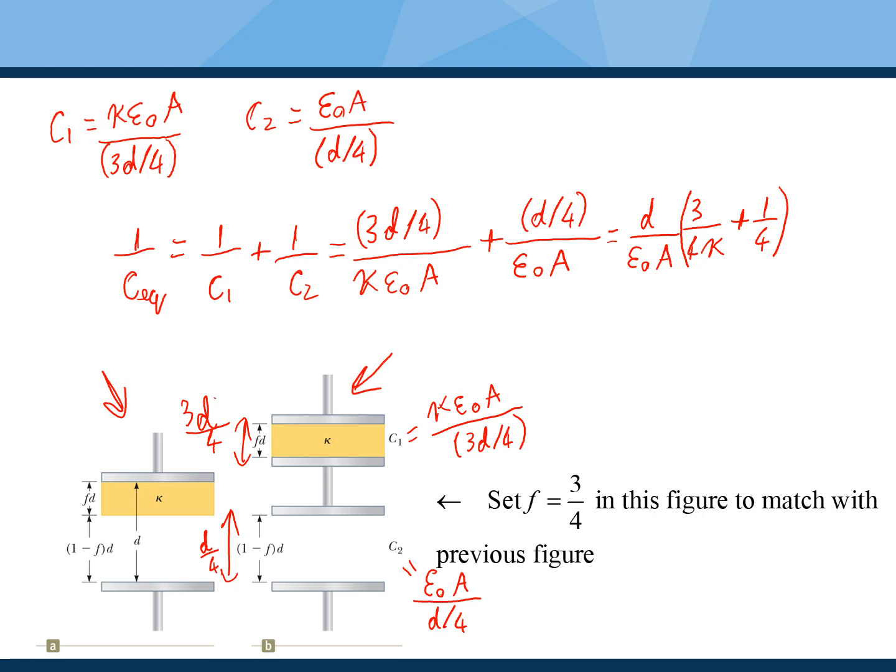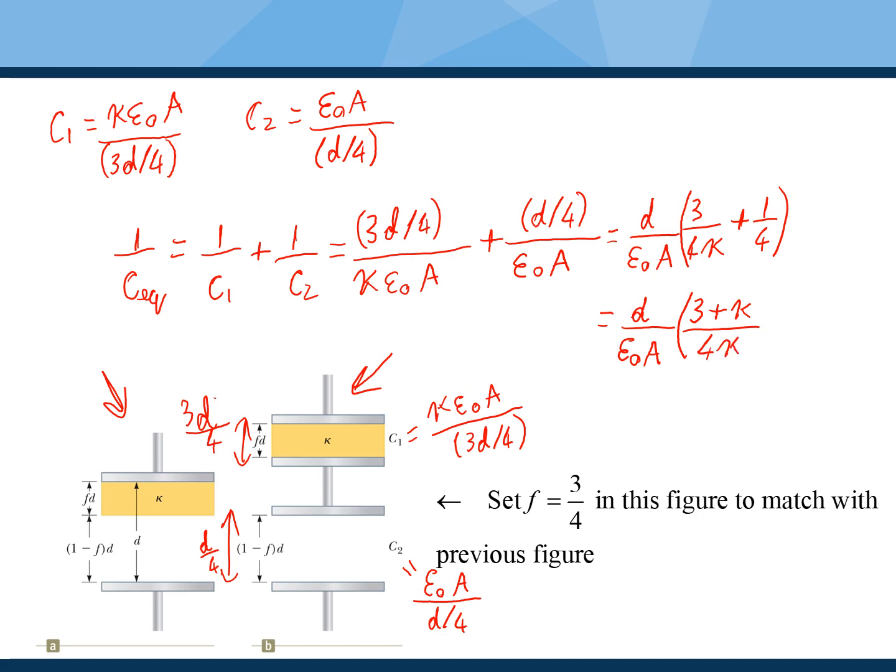So we actually obtain this as being equal to d divided by epsilon naught A, and we have 3 plus kappa divided by 4 kappa.